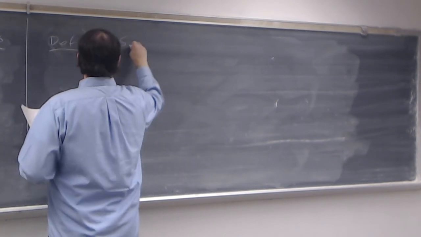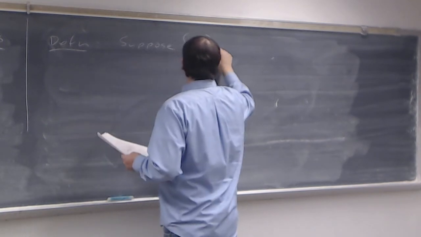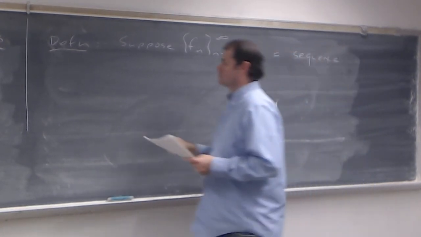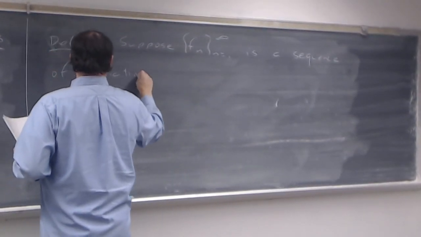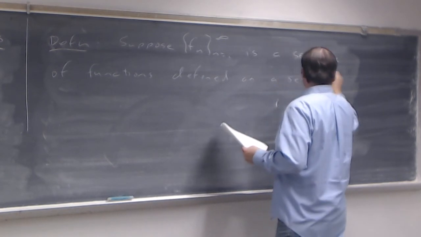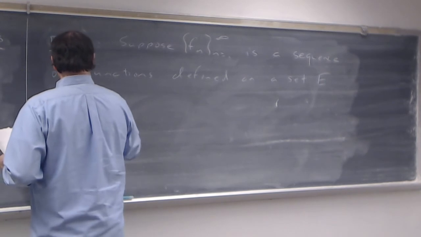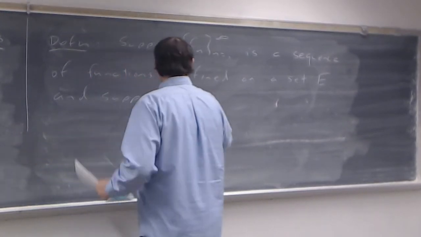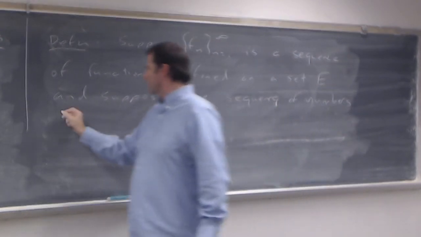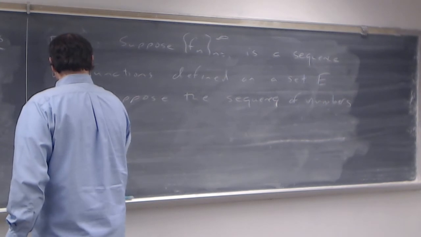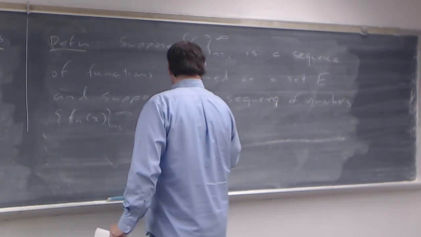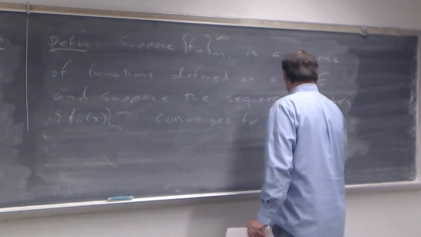As a definition, we're going to suppose f sub n is a sequence of functions defined on set E, and suppose the sequence of numbers f sub n of x, where n runs from 1 to infinity, converges for each x.